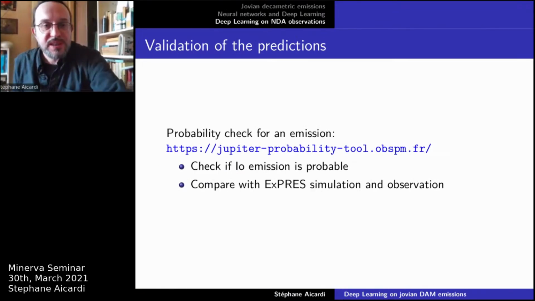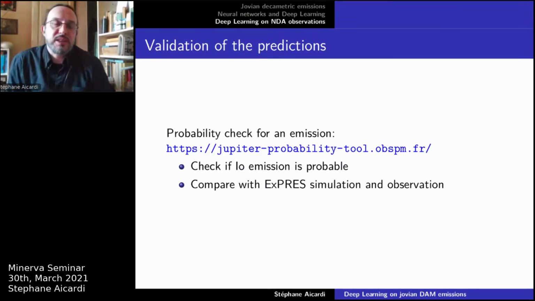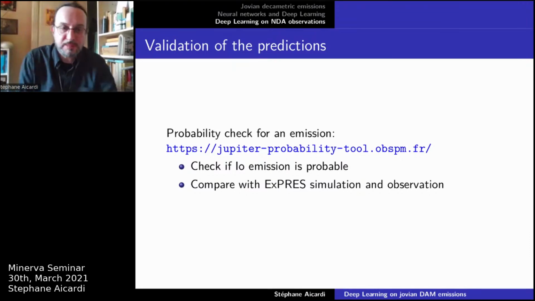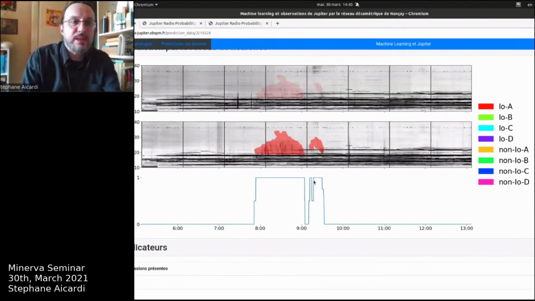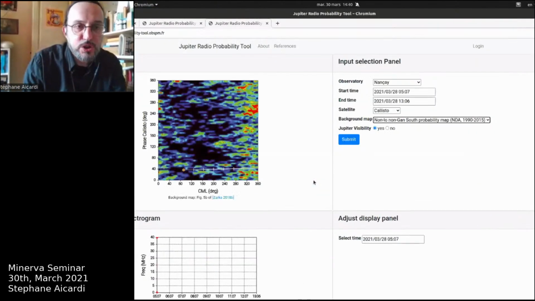And for this, I created another website which will look at the ephemerides to check if there is a good probability of having an IOA or not. And let me show you.